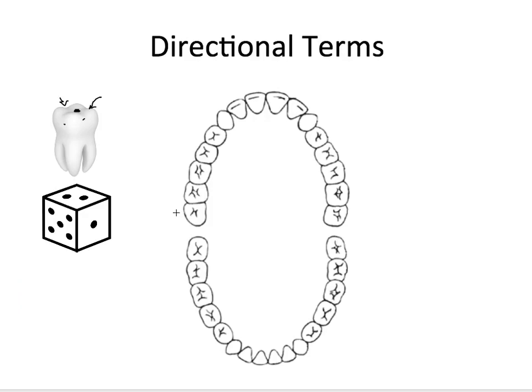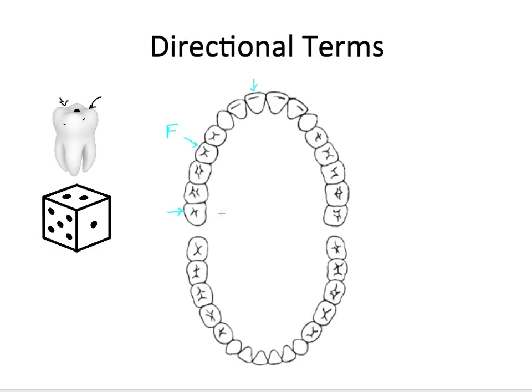So the outer surface, the surface that points out towards the face, I'll just draw a couple arrows here. So this surface here, this surface here, this surface here. These are called the facial surfaces. So for short, we'll say F for facial.